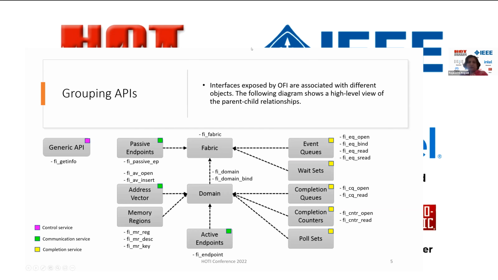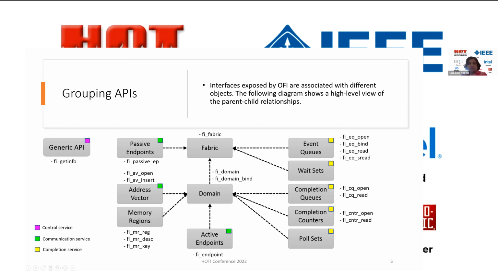So going forward, this is how the APIs are grouped. The color scheme on this slide matches with the color scheme on the previous one. For example, the generic API here is nothing but the control service interface, and we have FI get info over there.